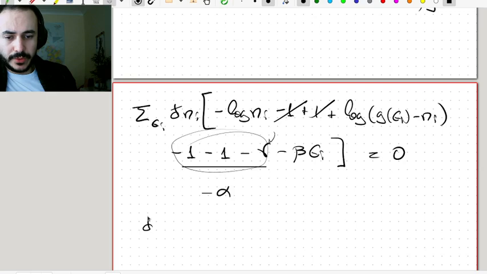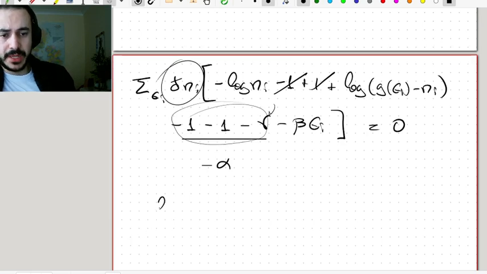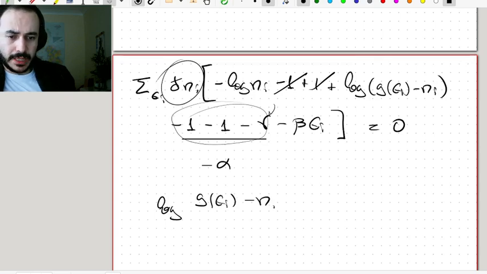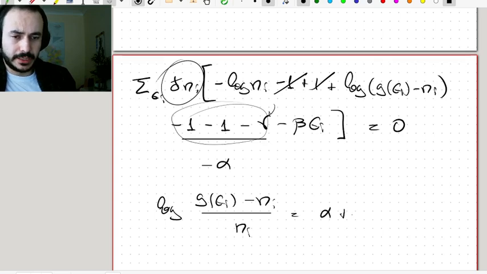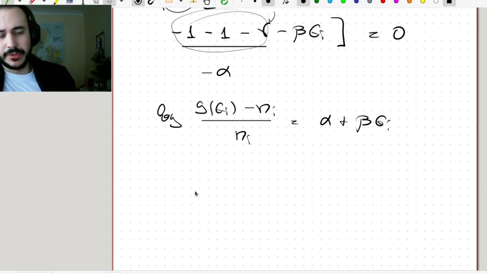So what we have is that the bracket has to be equal to 0 because this variation is arbitrary. And what this tells us is that minus ni divided by ni equals alpha plus beta ei. Okay, then you exponentiate and you get to this.